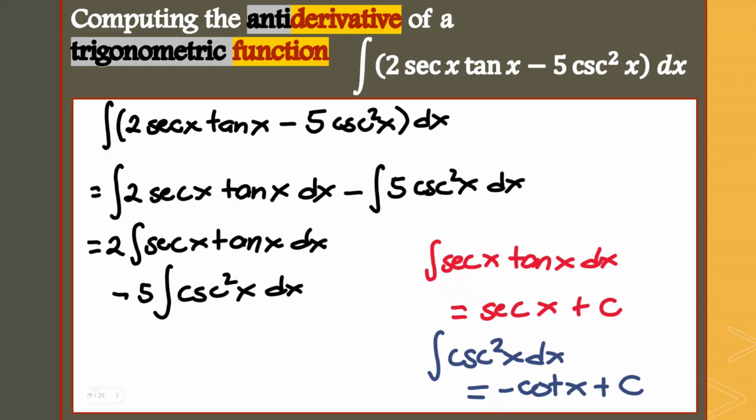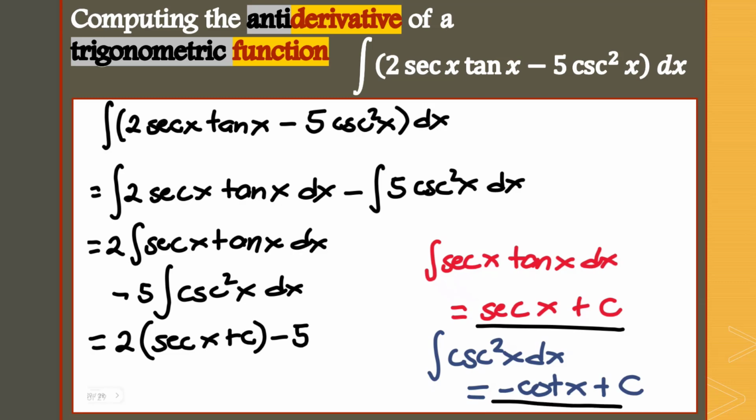So applying the rule now, we have 2 times the integral of secant x tangent x dx, which is secant x plus c, minus 5 for the second term, and we'll be using the second form, negative cotangent x plus c.